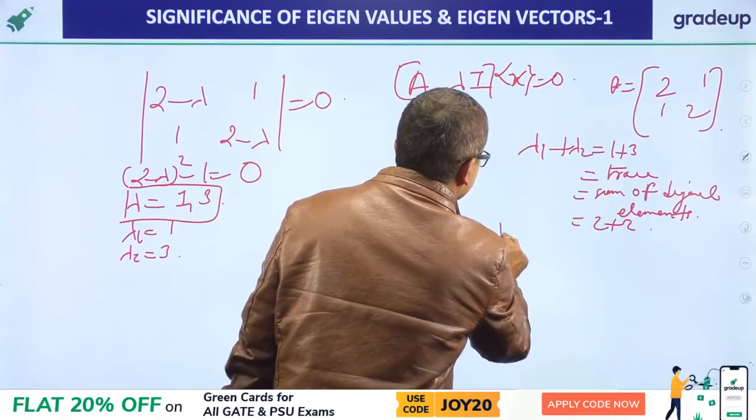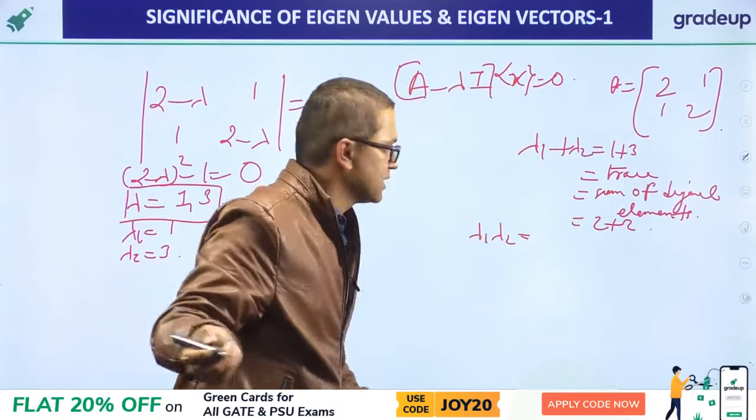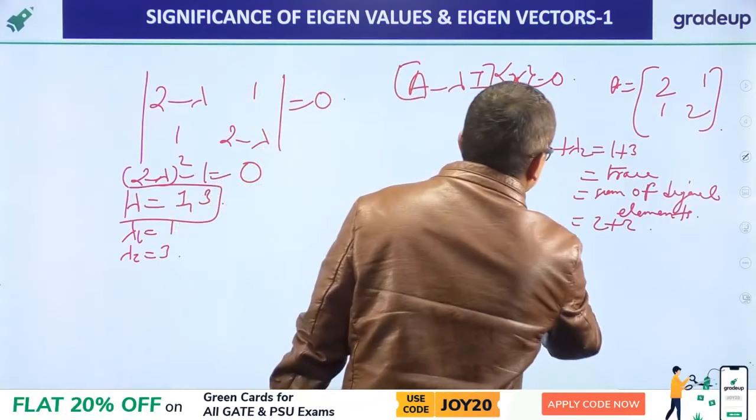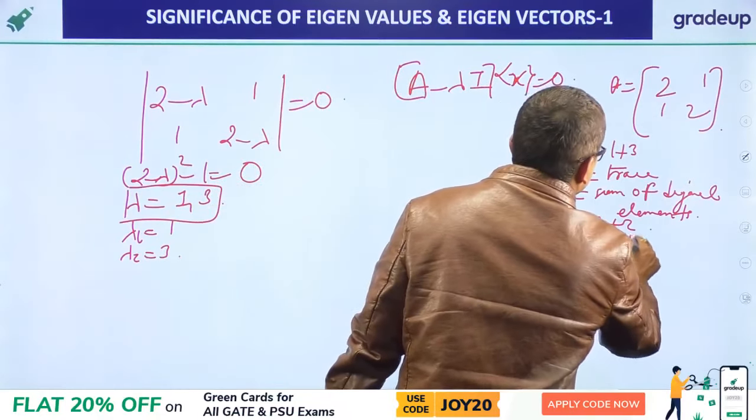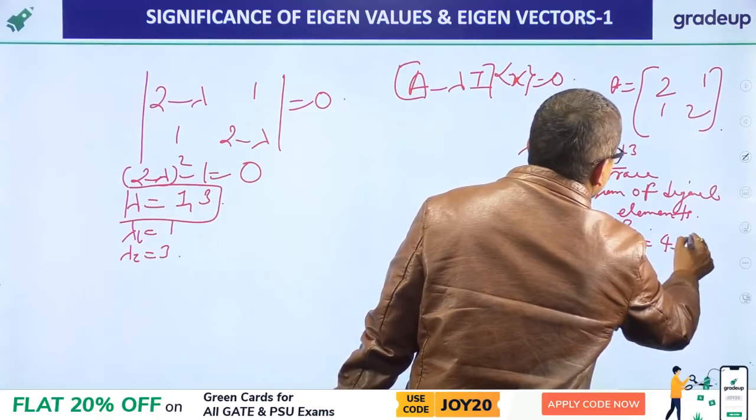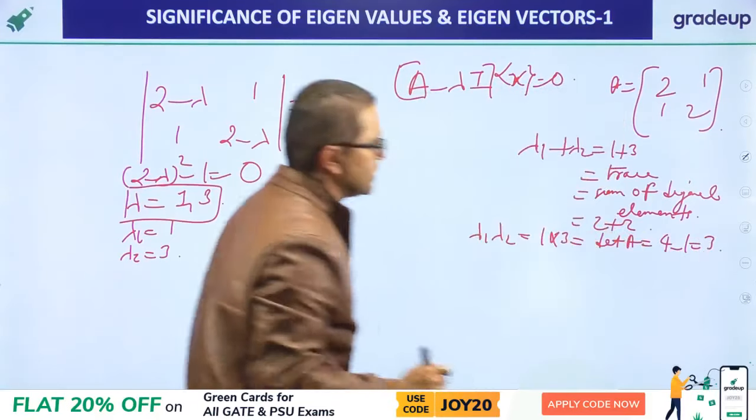And lambda 1 into lambda 2, you must be knowing all this, is nothing but 1 into 3, that is the determinant of A equals 4 minus 1 equals 3.